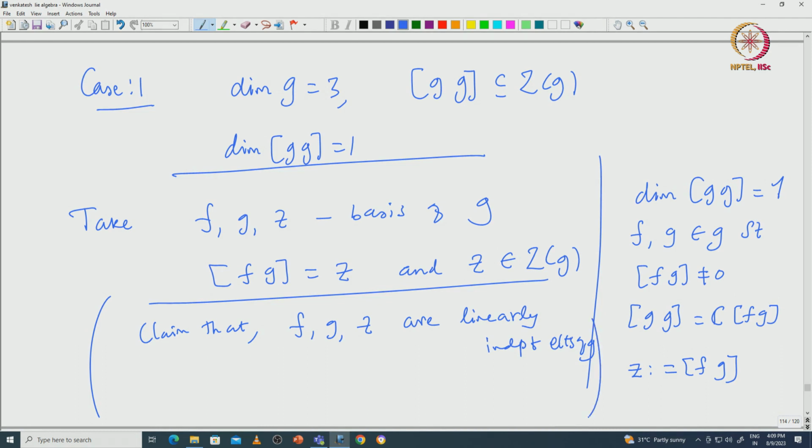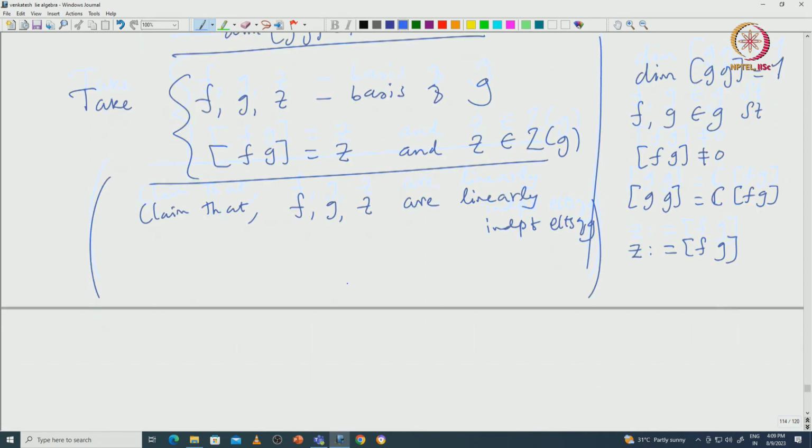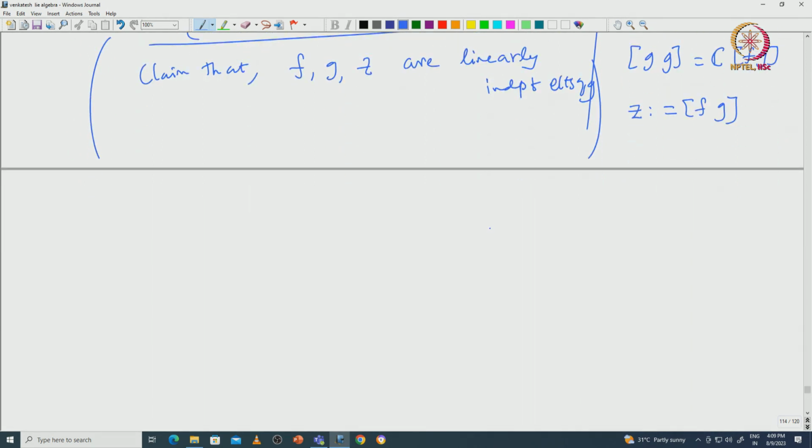So, once we verify this claim, then we get this basis, because the derived algebra is contained in the center. Now, why do we get this as linearly independent? Let us see. So, you just take alpha f plus beta g plus gamma z to be 0 for some alpha, beta, gamma coming from C. So, we need to prove that all these alpha, beta, gamma are 0.